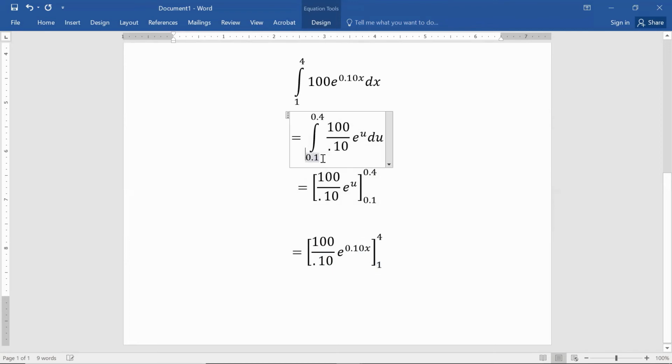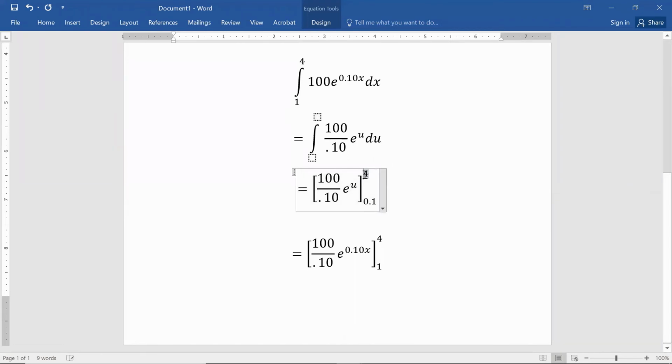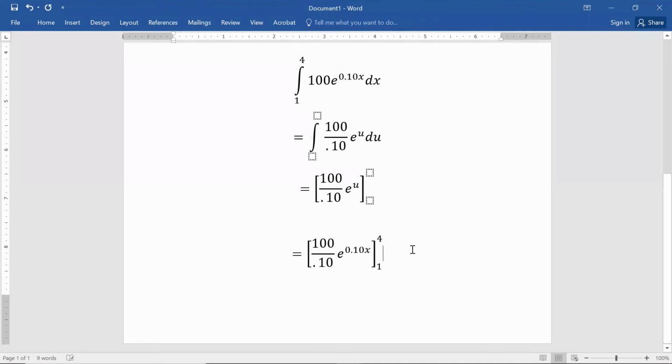So normally, people just ignore the bounds when they're dealing with u's. And then when they exchange back in terms of x, they put the bounds back on. And that's what I'm going to do moving forward.